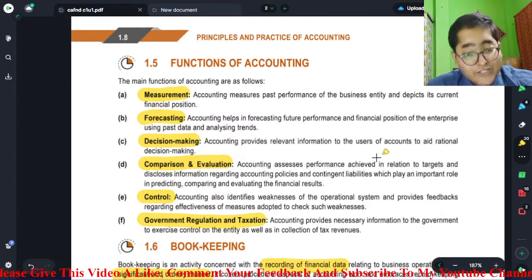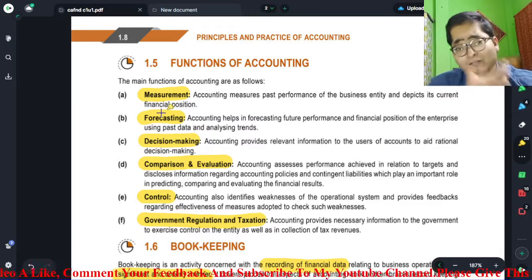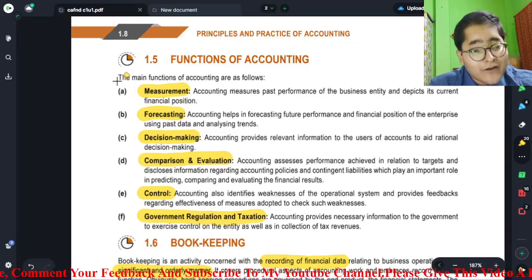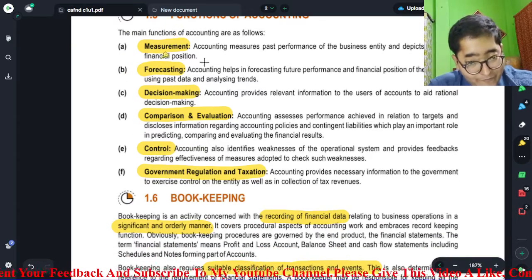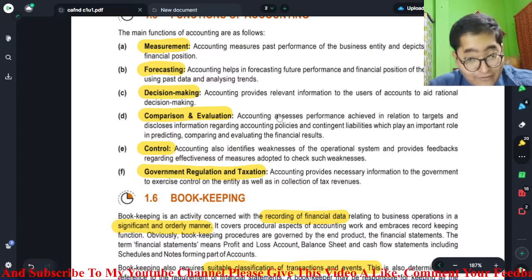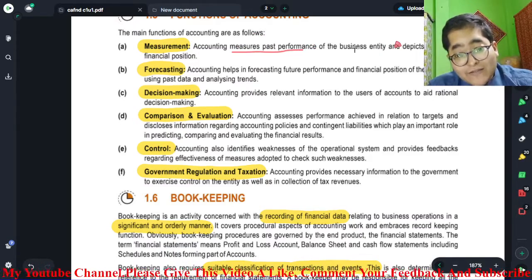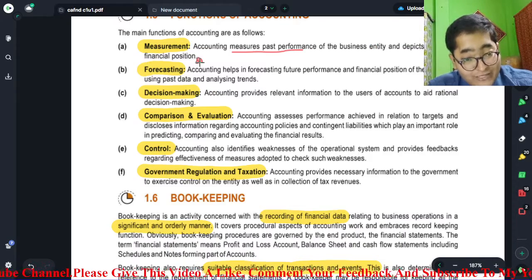Now comes the functions of accounting. What are the functions of accounting? The first is measurement. Accounting measures past performance of the business and depicts its current financial position.